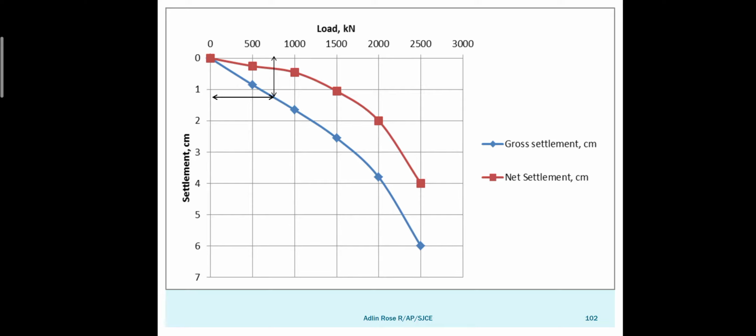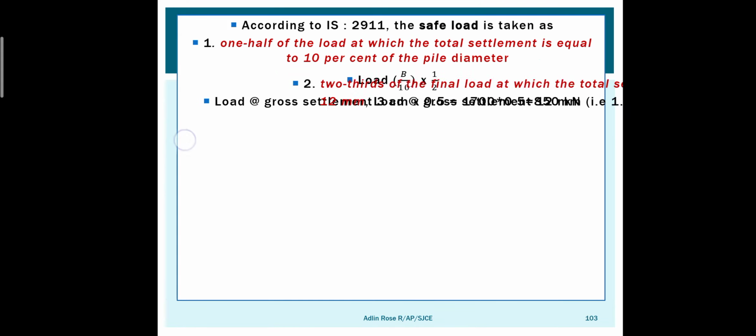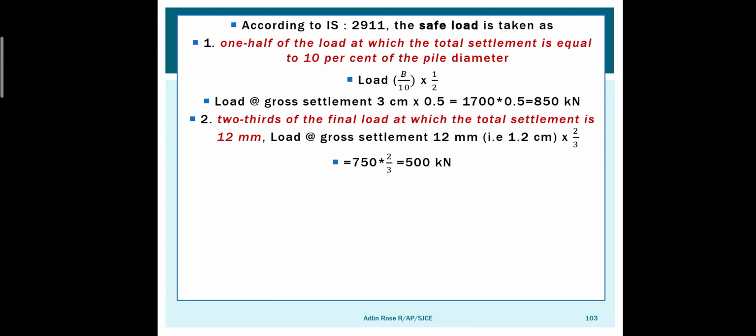So you've got 750. So multiply the 750 by, okay, I'll show that. So in the second one, you got the load corresponding to 1.2 in the curve, it is 750.